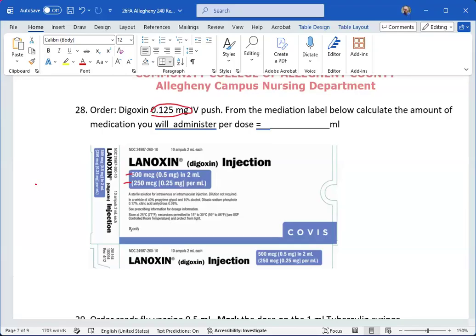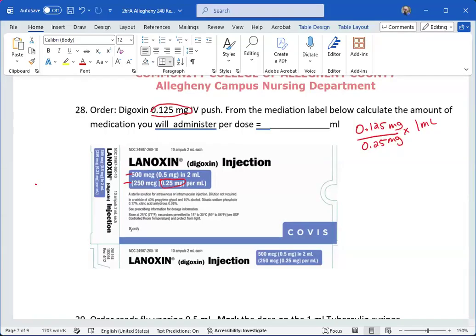And if it's in milligrams, use the milligrams. So for me, I'm going to use the 0.25 milligrams per ml. And so when I'm solving for this, I'm going to take that 0.125 milligrams over the 0.25 milligrams. And then I want to make sure I indicate that it's times 1 ml, right?